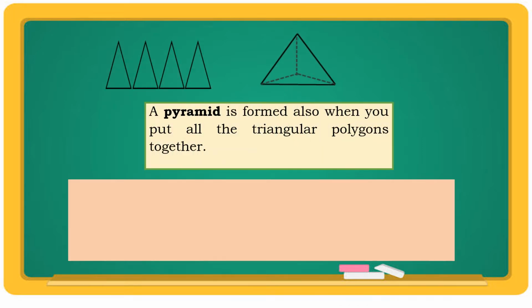So take a look at the triangle shapes. When you form all the triangular polygons together, you will form what we call a pyramid. So prism and pyramids are polyhedrons.